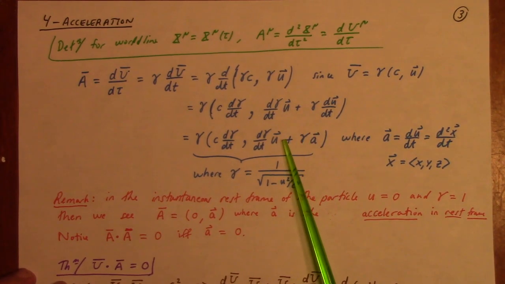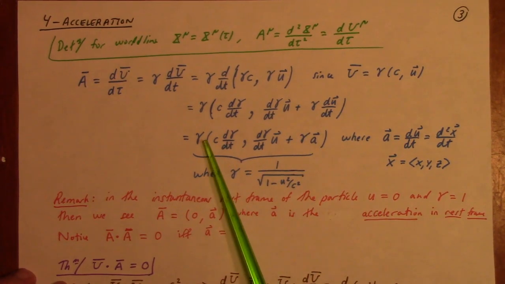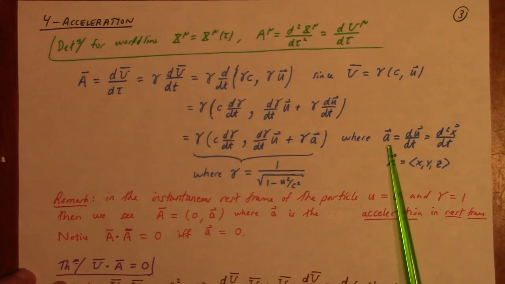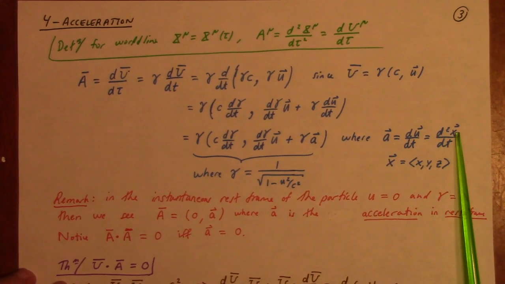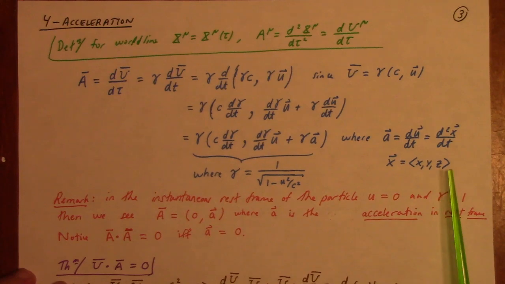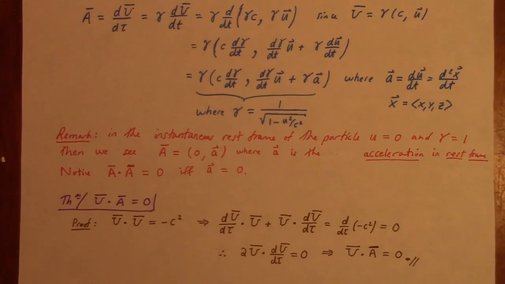And you've also got this u d gamma dt term in there. All right, again, where we were introducing gamma being that quantity. Here, a again is du dt, which is the second ordinary time derivative of the spatial part of the world line, where I'm using x vector for x, y, z in this particular part of my notes.